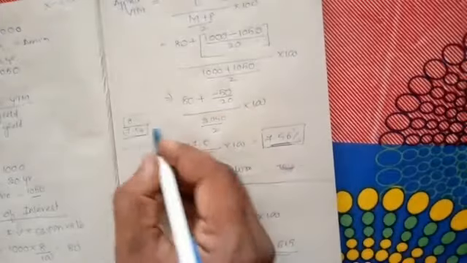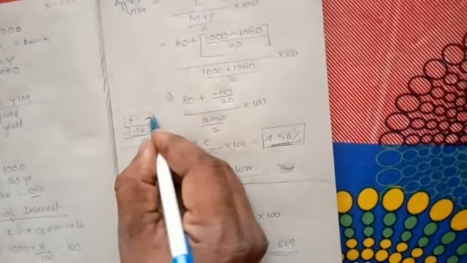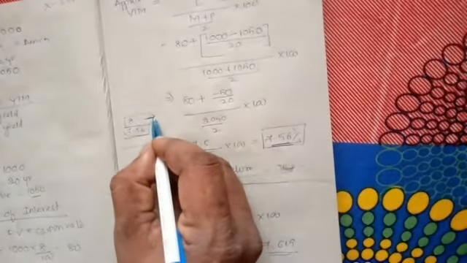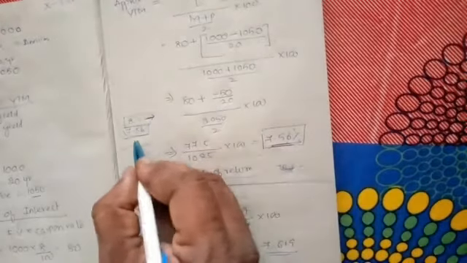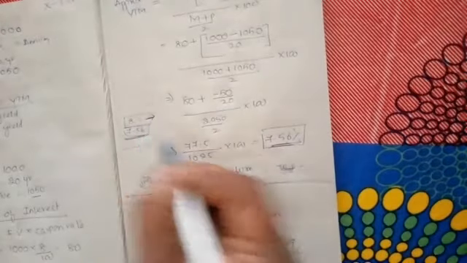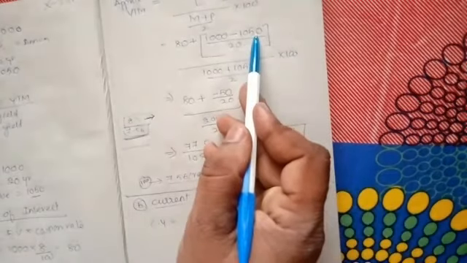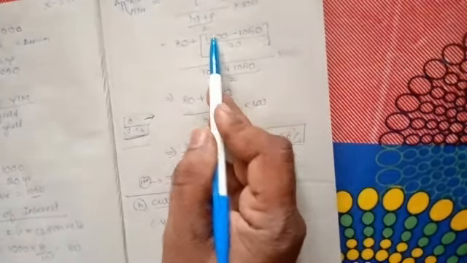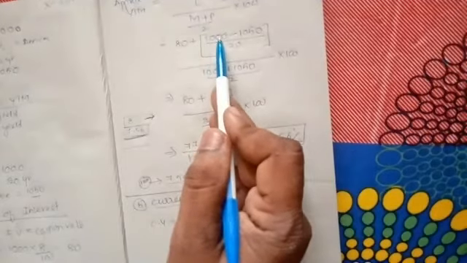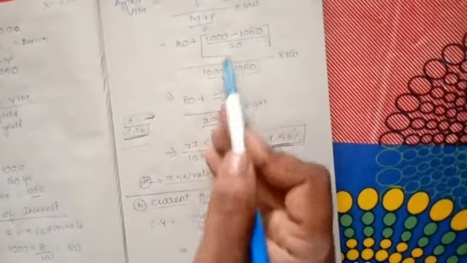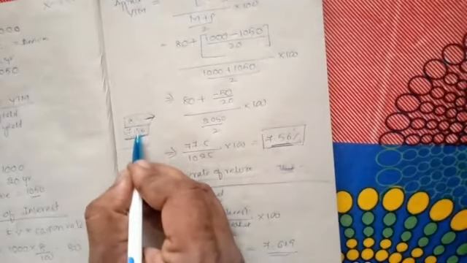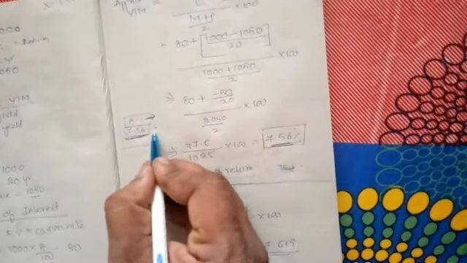The interest we receive is actually 8%, but in real terms the real rate of return is 7.56. Why? Because you have paid 50 rupees extra in purchasing the bond. The value of the bond was 1000, but you have paid 1050. That's why there is a slight decrease in the rate of return, that is 7.56.